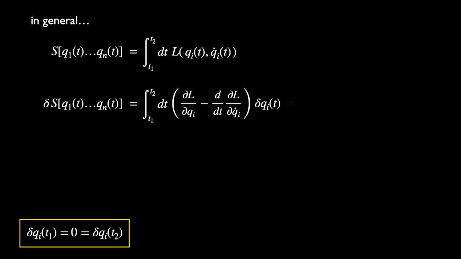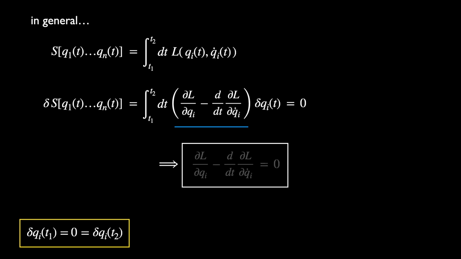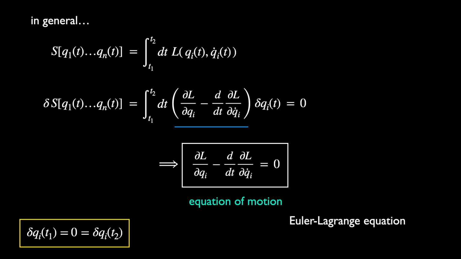This variation of S should be zero. Since delta q_i is arbitrary, the expression in brackets is also zero. This is the equation of motion, also known as the Euler-Lagrange equation.